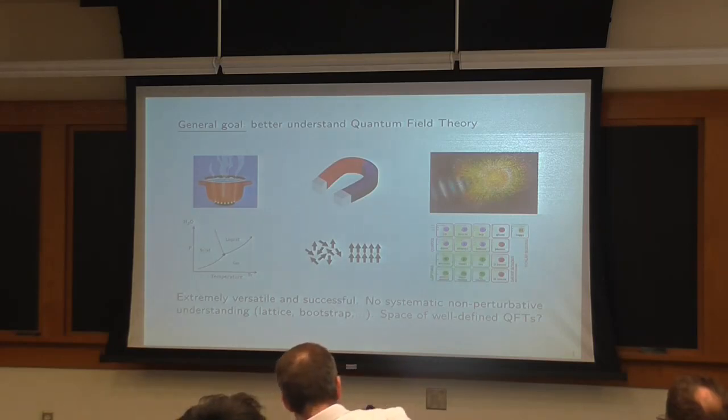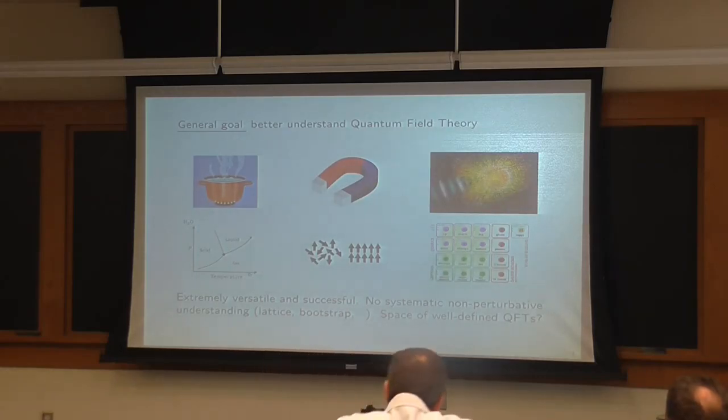We know very well how to systematically do perturbative quantum field theory, how to catalog Lagrangians, and from those construct field theories. But beyond perturbative approaches, there are lots of tools available, but not a systematic understanding. In particular, we don't even understand very well what the space of well-defined quantum field theories is.